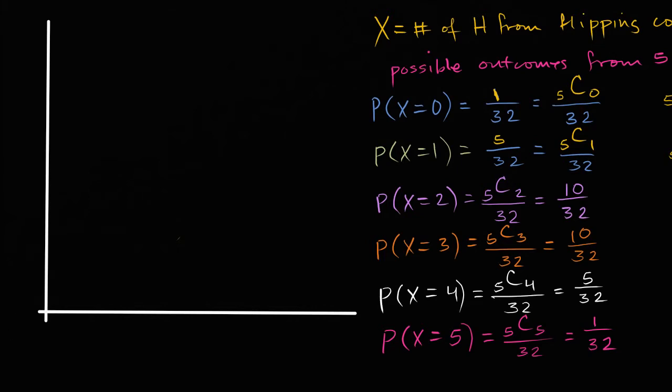And let's see what the probabilities are. It's all going to be in terms of 32nds, and we get as high as 10/32. So let's say that right over there is 10/32. Halfway up there, we have 5/32, that looks like about half.